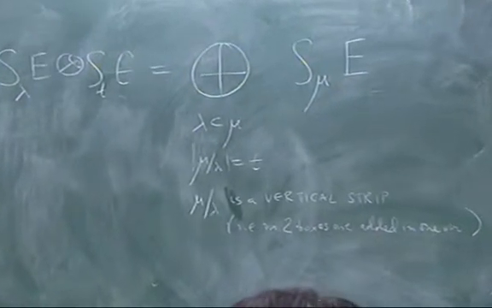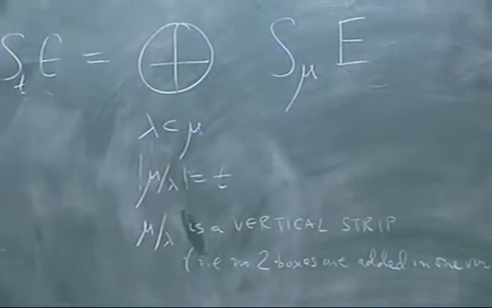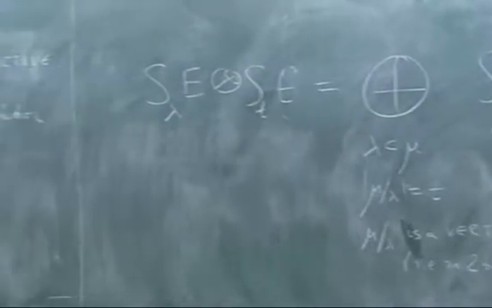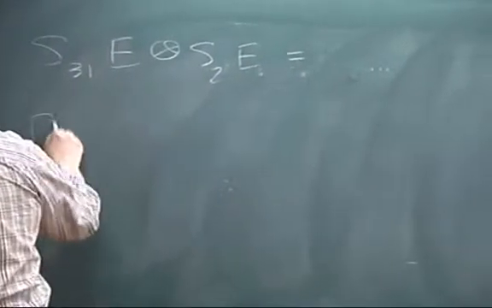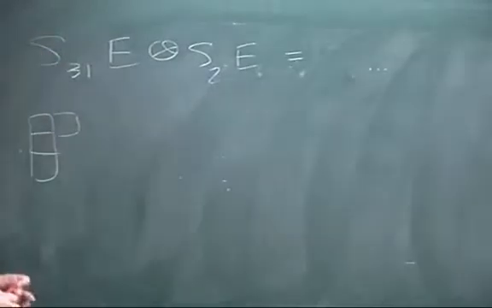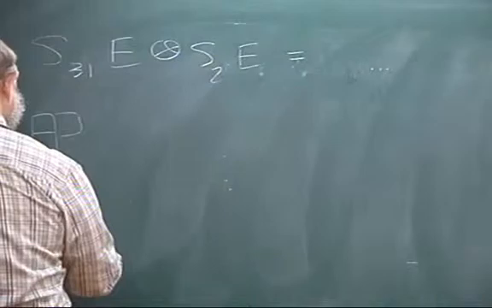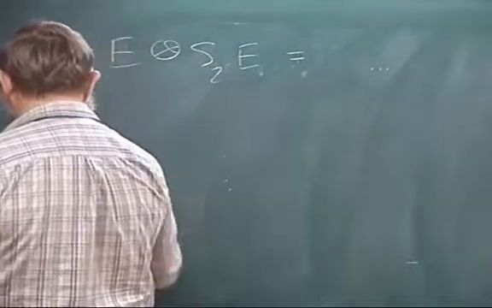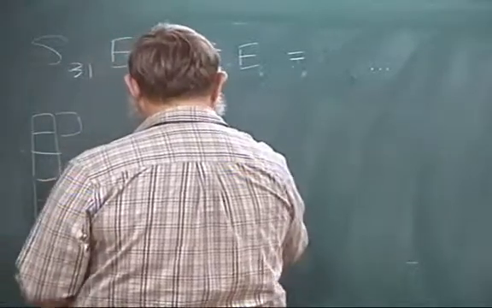The best way to do it is by an example. Let's take S_(3,1) tensor S_2. I will just draw the partitions that will occur. So (3,1) is this partition. Now I need to add to it 2 boxes in such a way that it's a vertical strip. How many ways? I can add them here, like this. Then I can add 1 box here, 1 box here.